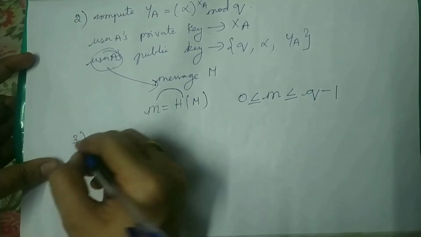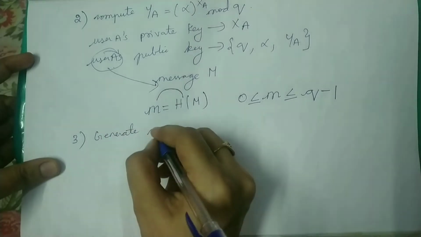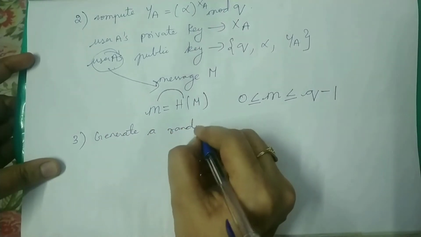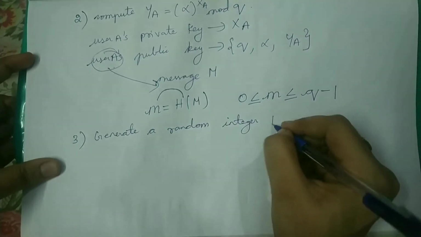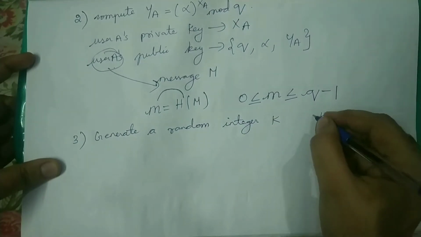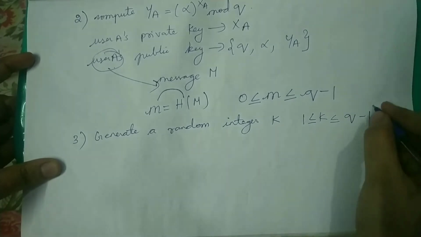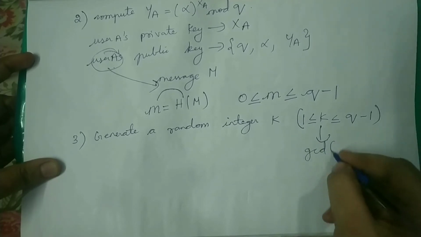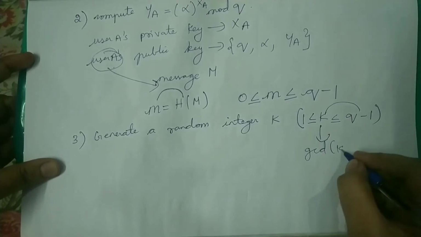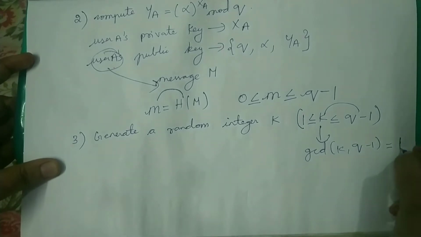The next step is we need to generate a random integer K. And this K must be greater than or equal to 1 and lesser than or equal to prime number minus 1. And the GCD of this K and Q minus 1 should be equal to 1.